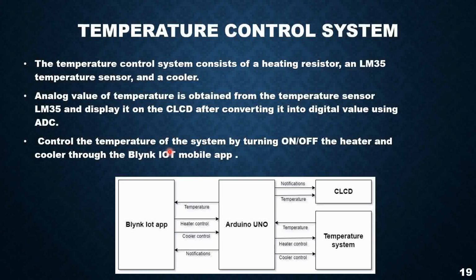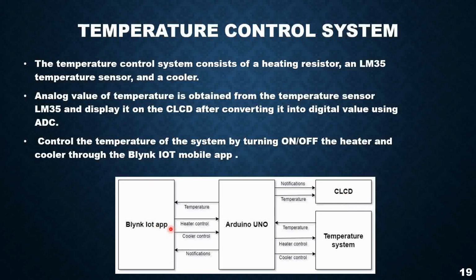This temperature is controlled using the Blink IoT app by turning on or off the heater and the cooler. This block diagram depicts the working of our project based on this objective.